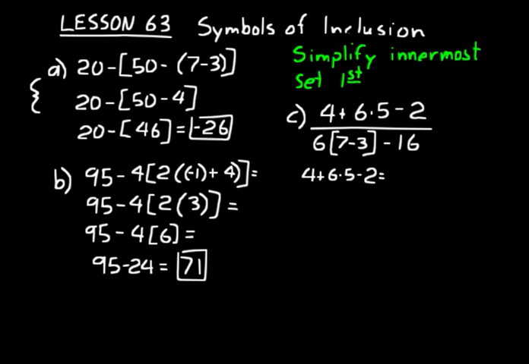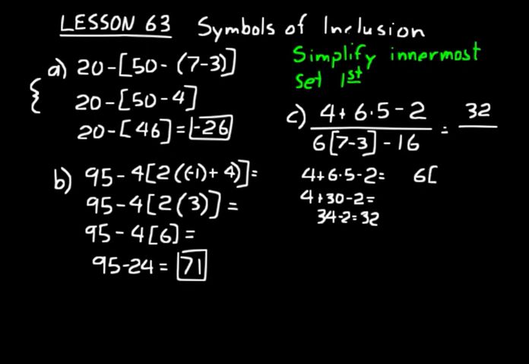We don't have any symbols of inclusion here, so we say 4 plus 30 minus 2. I like to work in pairs on these, so 4 plus 30 is 34 minus 2 equals 32. Now I'll go back over here, write my numerator down, put a fraction bar, and work on the denominator.